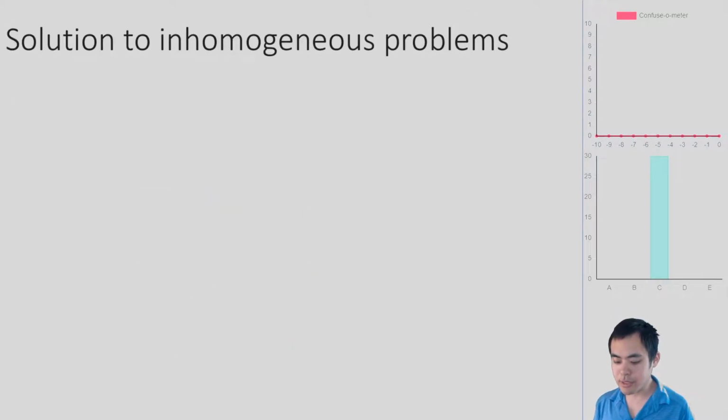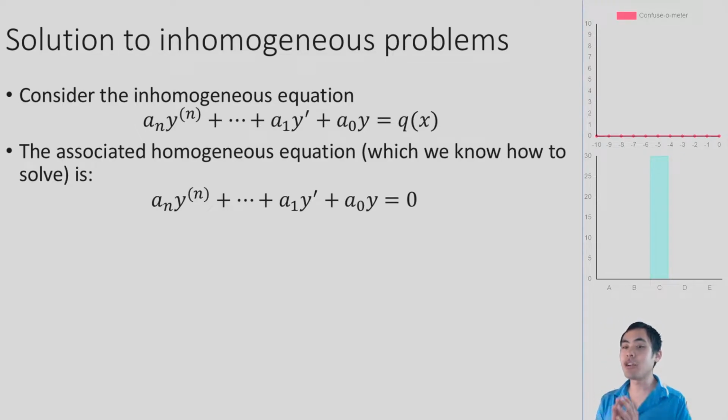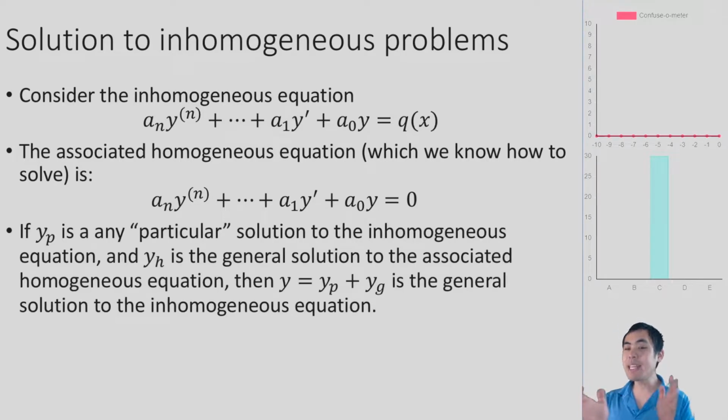Well, let's start by considering the inhomogeneous equation. We know how to solve the associated homogeneous equation. And there's a very important fact, which is that if we have any particular solution to the inhomogeneous equation, and we know the general solution to the associated homogeneous equation, we can add those two solutions together, and that gives us a general solution to the inhomogeneous equation.